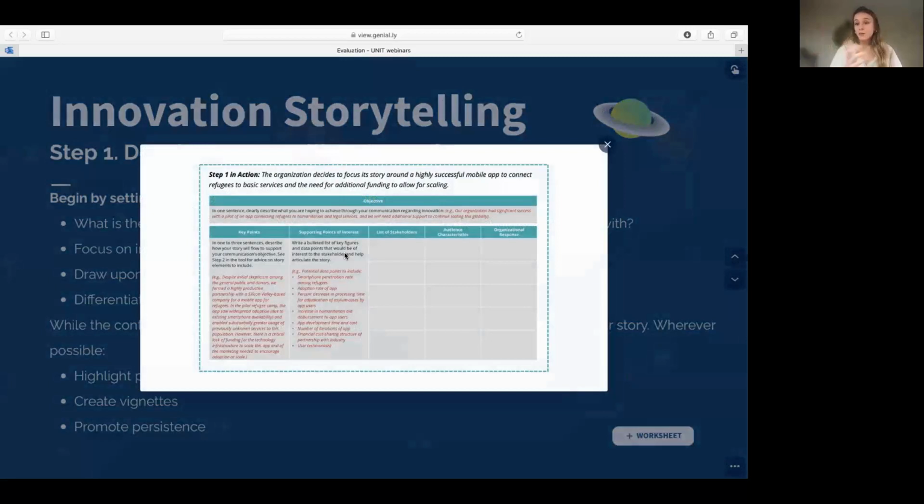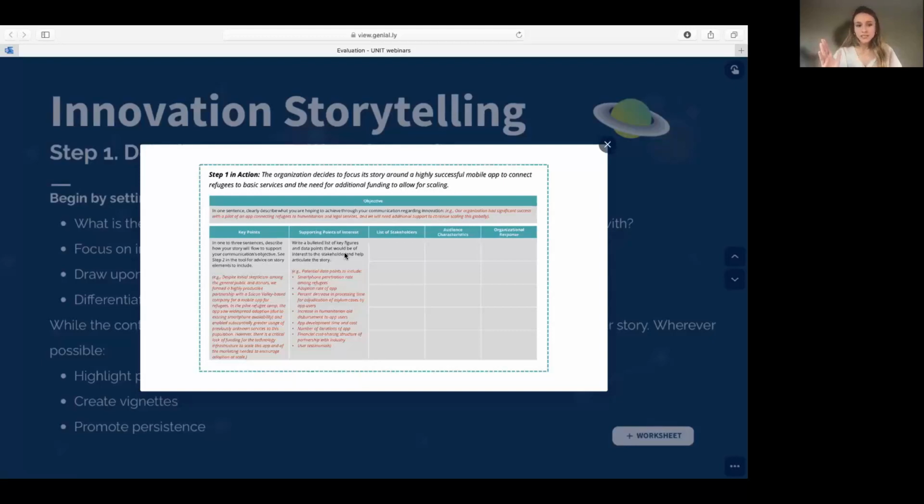Here we have a worksheet. The worksheet will be available to all of you in the UN Innovation Toolkit in this specific tool. As you can see in this first step, you are encouraged to fill the space of objective, the space of key points, and the space of supporting points of interest. In the space of objective, you are encouraged to clearly describe what you are hoping to achieve through this communication.